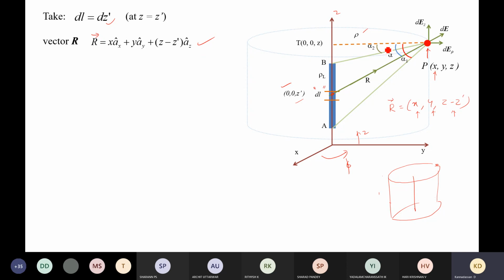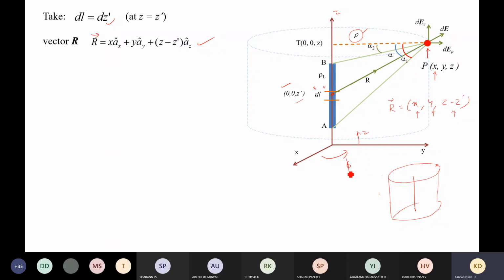For that, we draw a simple cylinder, and at the edge of the top, the point P should be there. We can easily see that from this line, it is available at a radius of r. The radius you can calculate easily from the x and y axes, which gives root of x square plus y square.